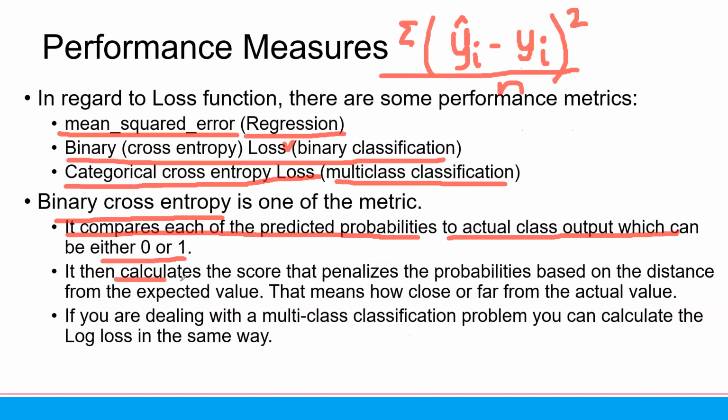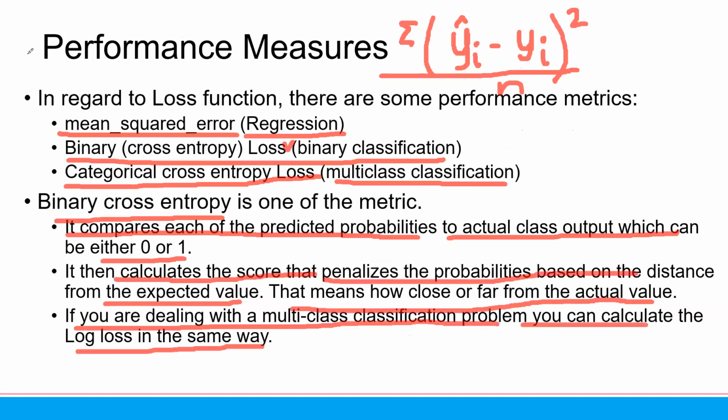Then it calculates the score that penalizes the probabilities based on the distance from the expected value. That means how close or far it is from the actual value. If you're dealing with a multi-class classification problem, you can calculate the log loss in the same way.